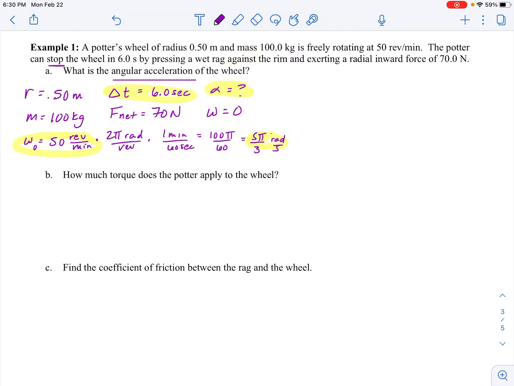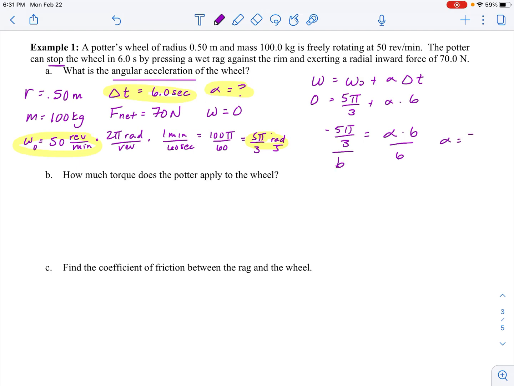And now we can use a kinematic equation to solve it. The one I'm going to choose is that final speed equals initial speed plus acceleration times time. So 0 equals, oops, not 50. I got to remember to use radians per second. 5 pi over 3 plus alpha times 6. I'd subtract 5 pi over 3 from both sides. Divide both sides by 6.